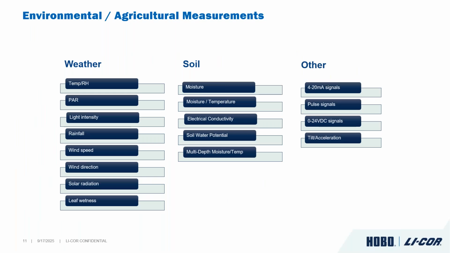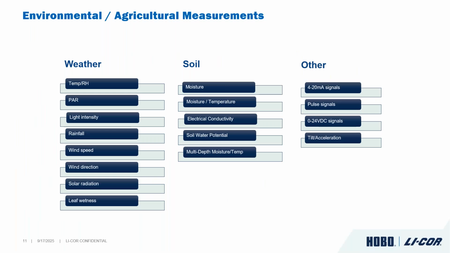We'll go ahead and move over to soil monitoring, where you can measure soil moisture and combined moisture and temperature. Some of them also allow you to monitor electrical conductivity. And we also have a multi-depth soil moisture sensor and temperature sensor if you're looking to get multiple measurements within one location without having to use multiple loggers.